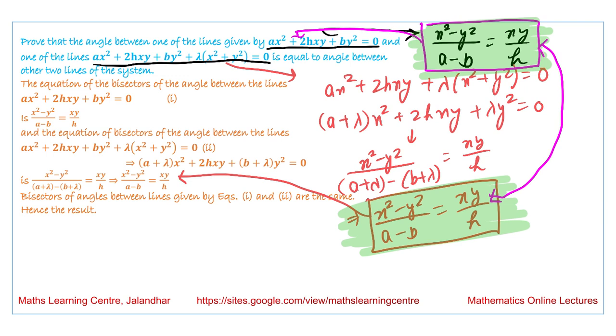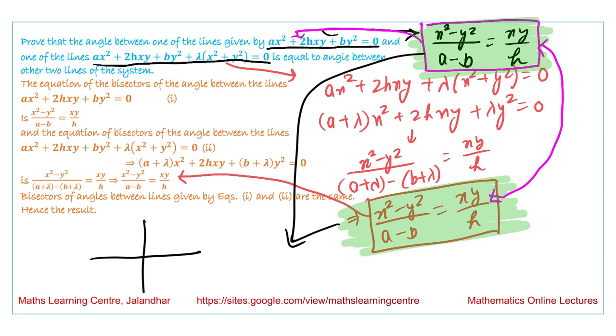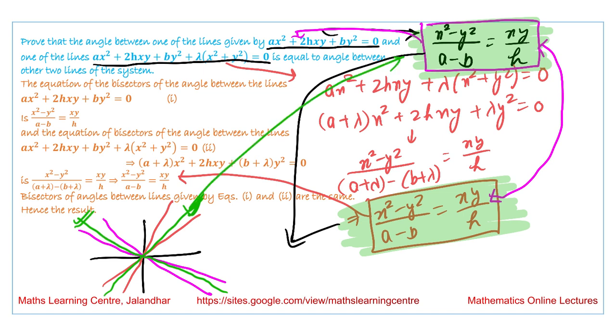So this thing proves that we have two pairs of lines. One pair, suppose it is in this form. The second pair of lines, suppose it is in this form. Now if we talk about the angle bisector of these lines, this is one angle bisector of these two lines, and this is the angle bisector of these two lines, and these two lines we are talking about are same, these are the angle bisector of these lines.